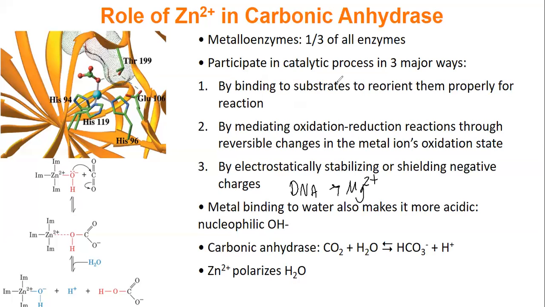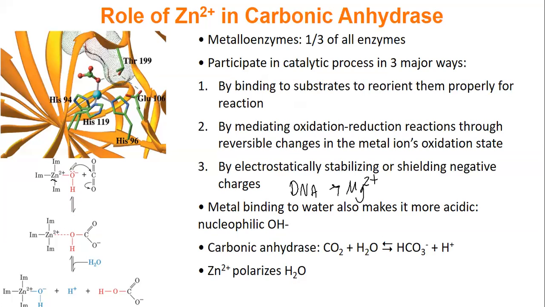When we looked at that reaction, I just said it happened, and we didn't talk about why it happened, and we just moved on with our day. Well, the way it happens is that in this enzyme, we have a zinc ion. That's what's being shown in our bottom picture right here. We have zinc, and what zinc can do is make water more acidic.